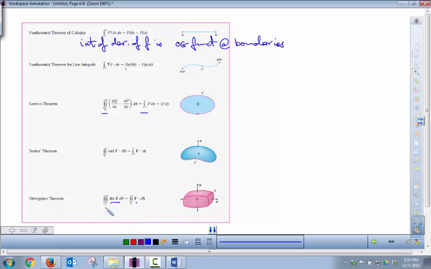In this case, E is a solid, and the boundary of a solid is a closed surface that encompasses that solid. Okay? So this was a quick rundown of all the big theorems, and it's really all just the fundamental theorem of calculus.